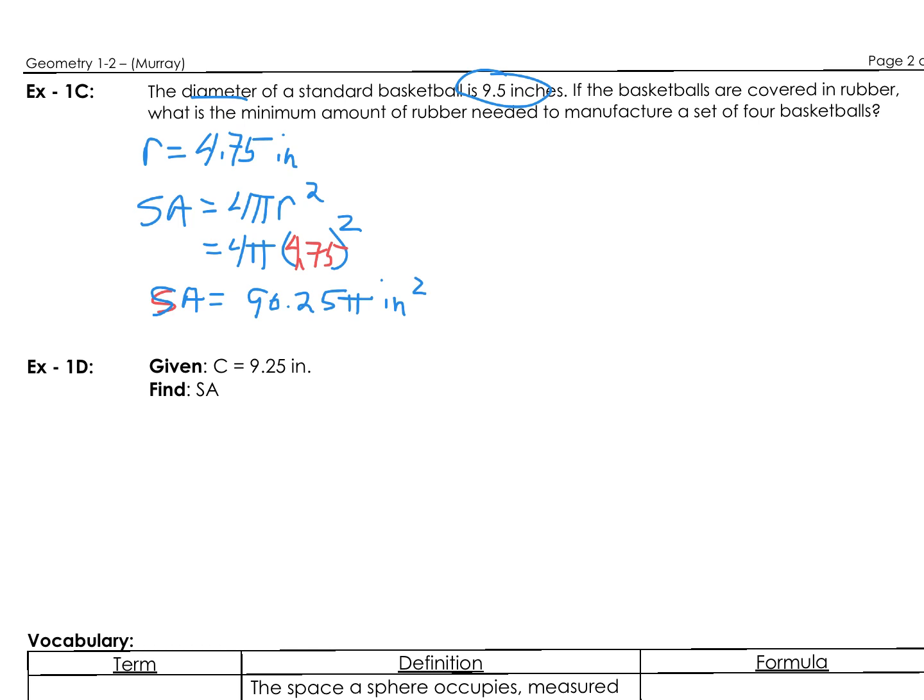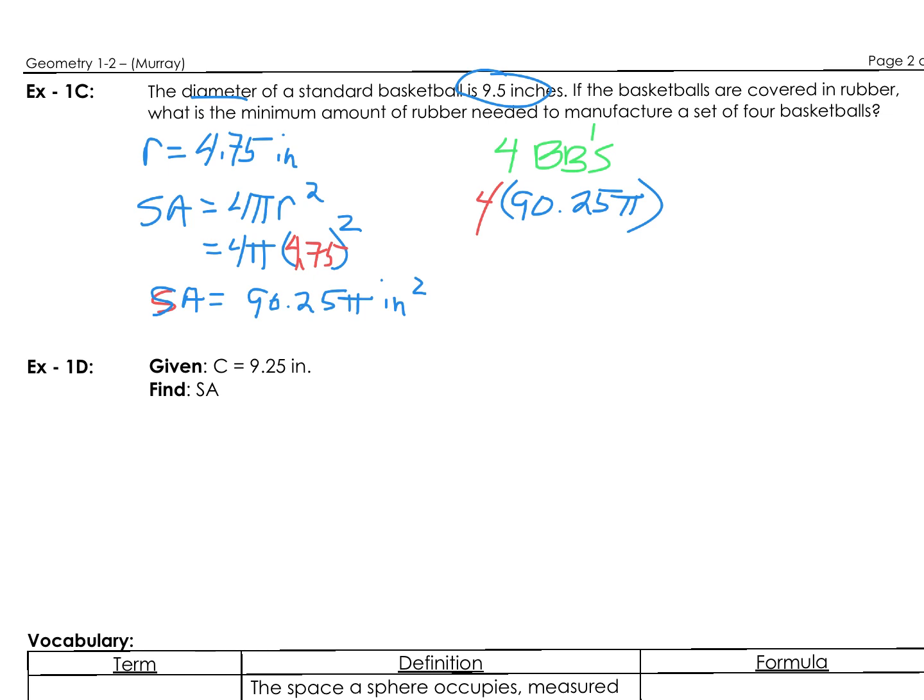But we want 4 basketballs. So then we're going to take that 90.25 pi and multiply it by 4, so times 4 again.